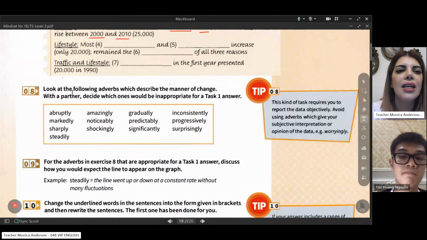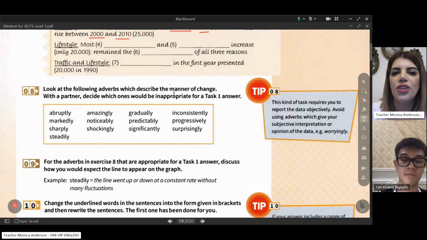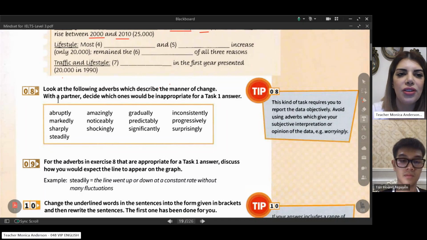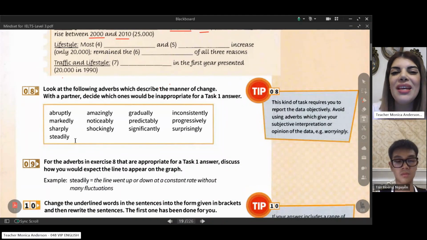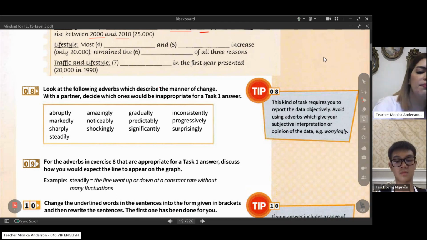Well, look at the following adverbs which describe the manner of change. First of all, which ones maybe would be inappropriate? They're not really formal. Do you know?